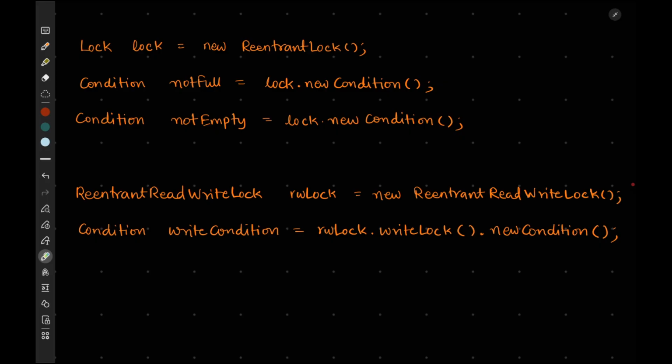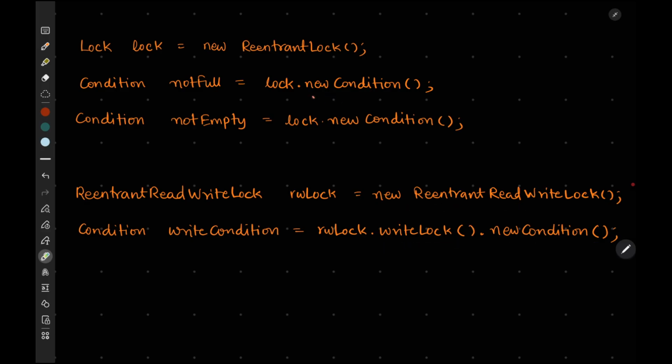If multiple threads held the read lock, they could all be waiting on the same condition. But signaling would be ambiguous and the lock would not be held exclusively during await, breaking signal semantics. That's why for ReentrantReadWriteLock, to create a new condition, we need the write lock.